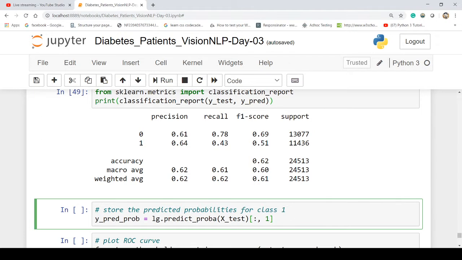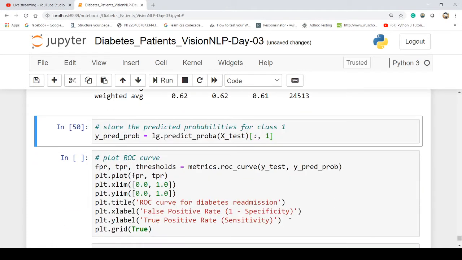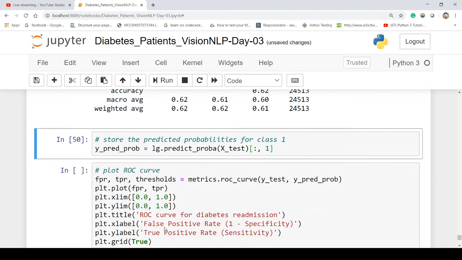Now store the predicted probability for class 1. Class 1 is basically for the people who got admitted, right? This is my prediction. And now I will plot the ROC curve because I have the data now.